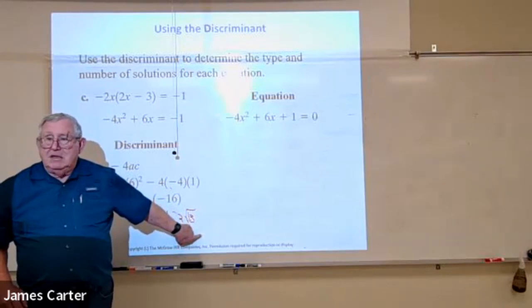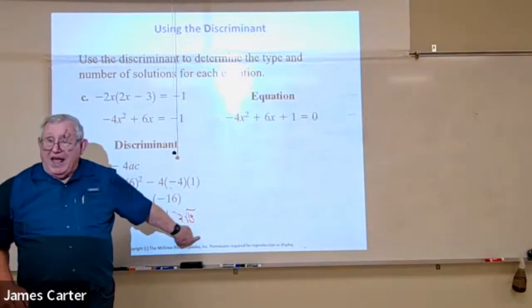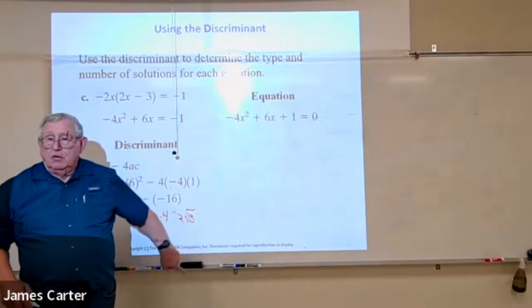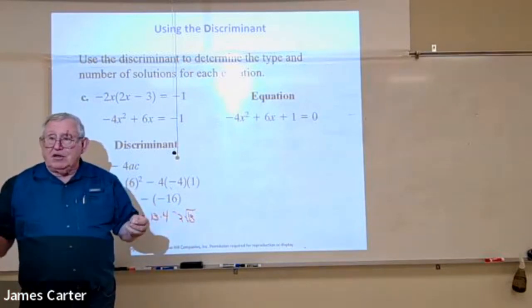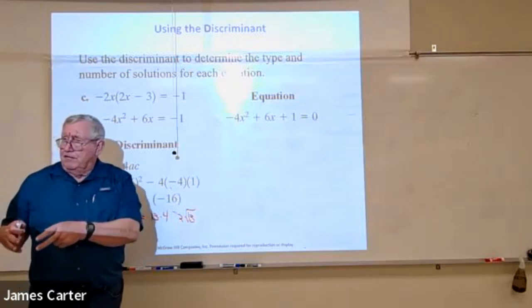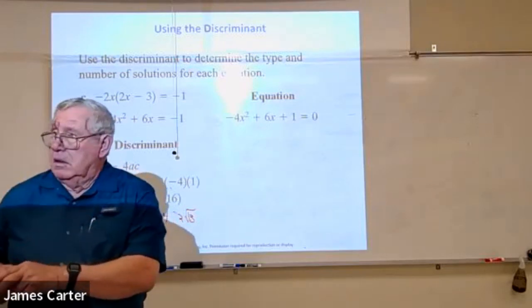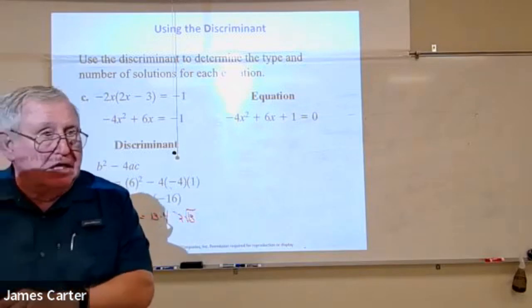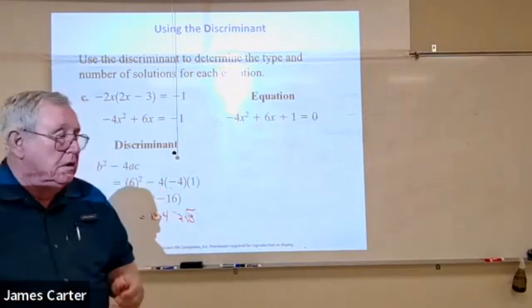What does that mean? We're going to end up with a radical answer, which, what do we call the set of radicals that are not perfect squares? Irrationals. Okay?